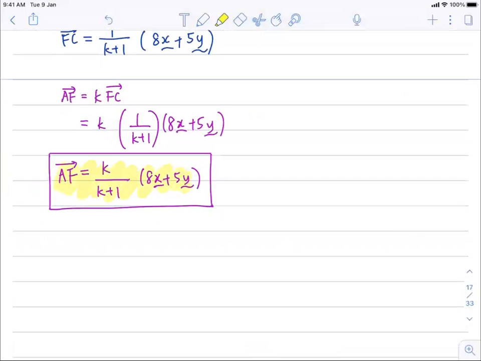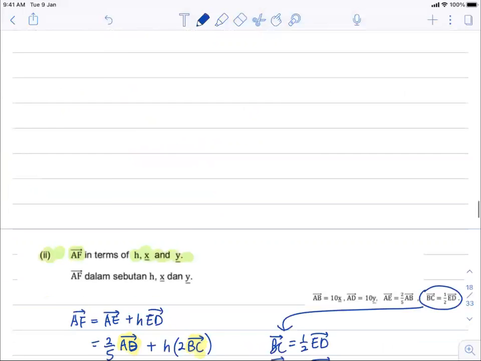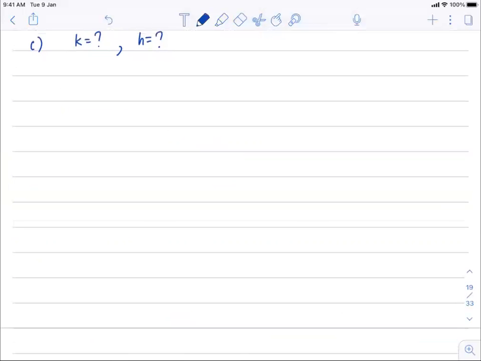AF equal to k over k plus 1 multiplied by 8x plus 5y.